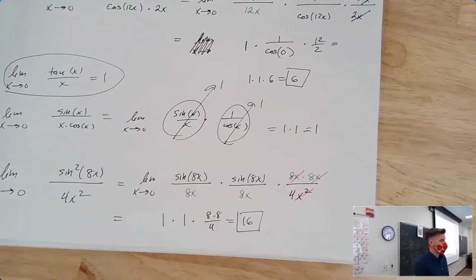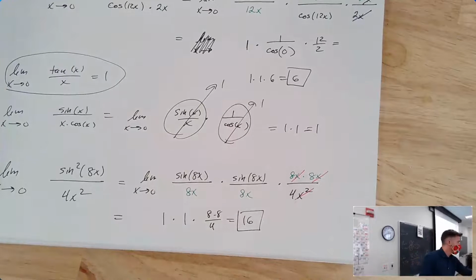Or 64 divided by 4. So that's usually how people make these x approaching 0 sine x over x limits work, by doing this kind of stuff. Well, maybe not exactly. Someone might be doing something slightly different.